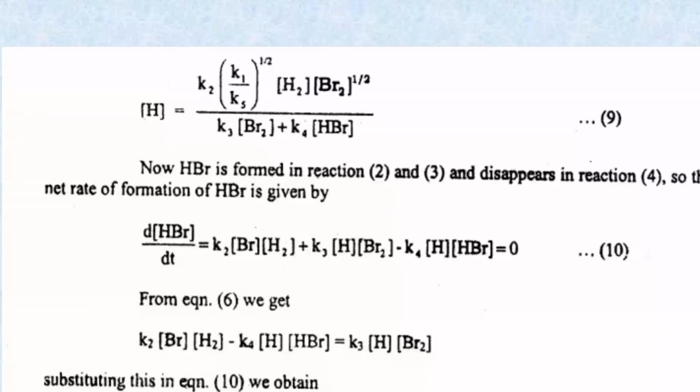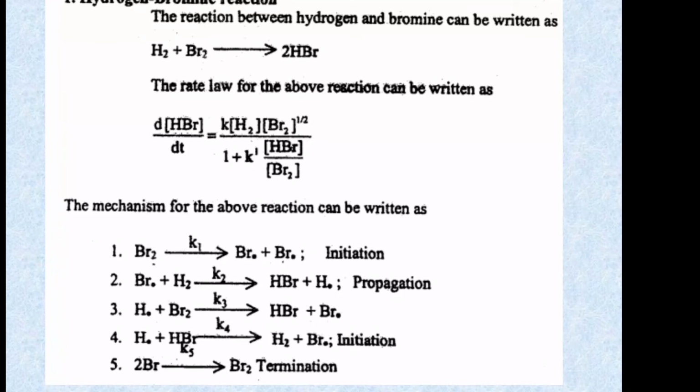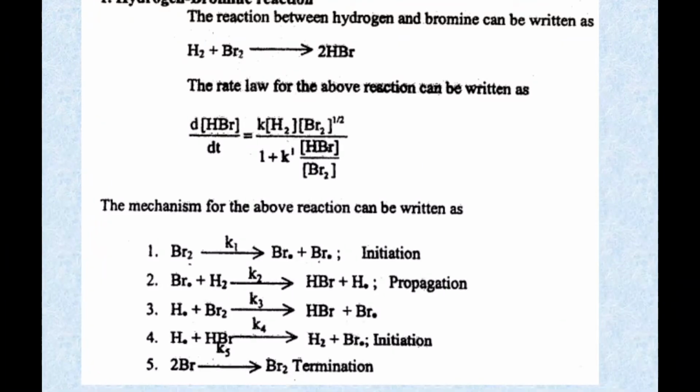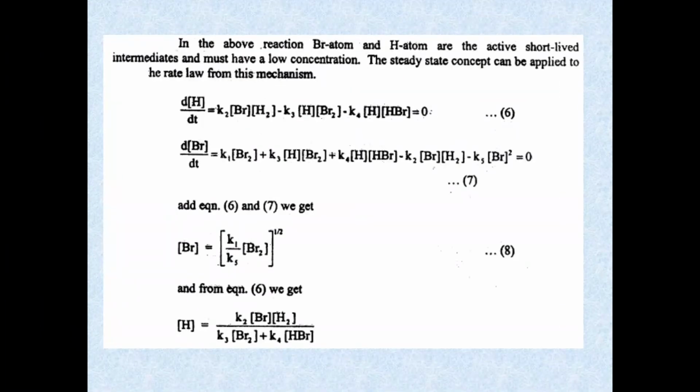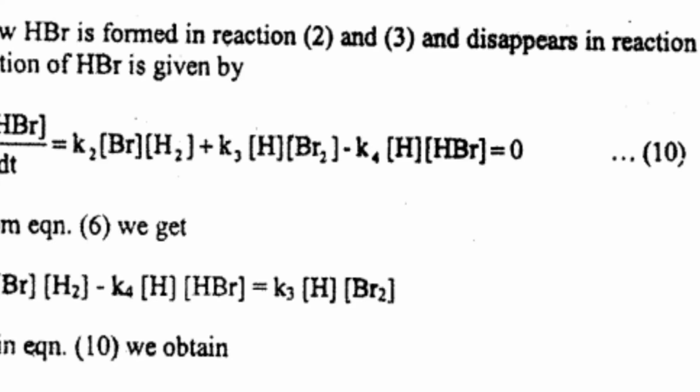Now HBr is formed in reactions 2 and 3 and disappears in reaction 4. That is, in steps 2 and 3 HBr is formed, and in the fourth step HBr is consumed. Hence when we apply the steady state approximation to HBr, we can write d[HBr]/dt = k2[Br][H2] + k3[H][Br2] - k4[H][HBr] = 0.